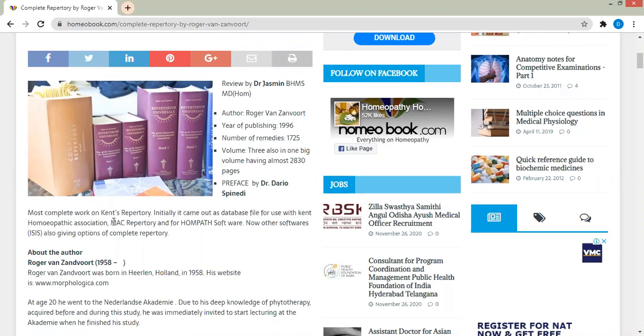First it was included in Mac Repertory, Compact software, and also Kent Homeopathic Association, but nowadays many new software programs also have the Complete Repertory.